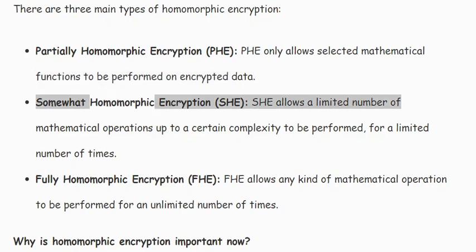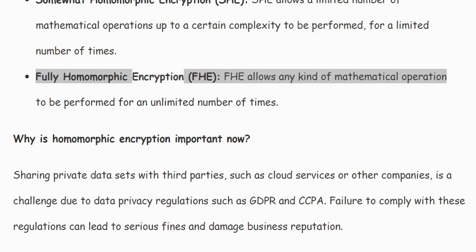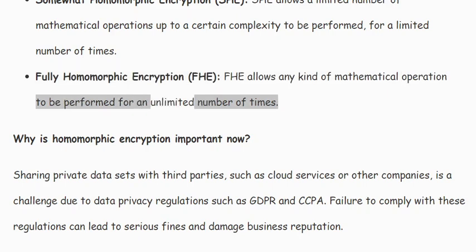Somewhat homomorphic encryption (SHE) allows a limited number of mathematical operations up to a certain complexity to be performed for a limited number of times. Fully homomorphic encryption (FHE) allows any kind of mathematical operation to be performed for an unlimited number of times.